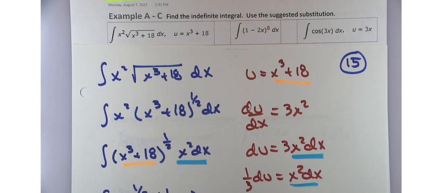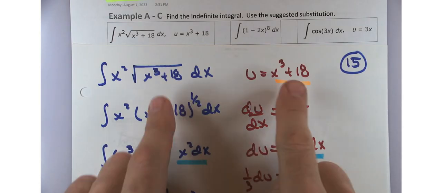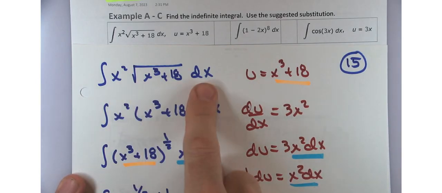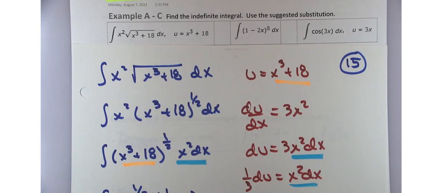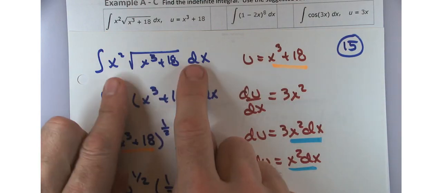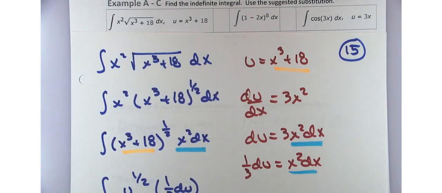So again, that would be a good substitution pair for a u and a du. But in general, the derivative of your u has to be in here at least up to a constant. If that constant's not there, we can work around that constant, but your derivative mostly has to be there.